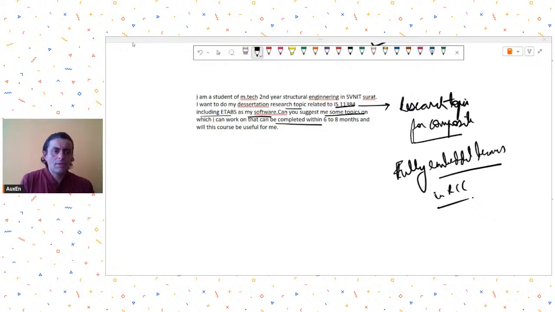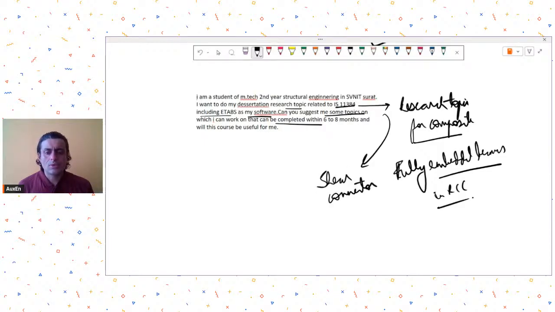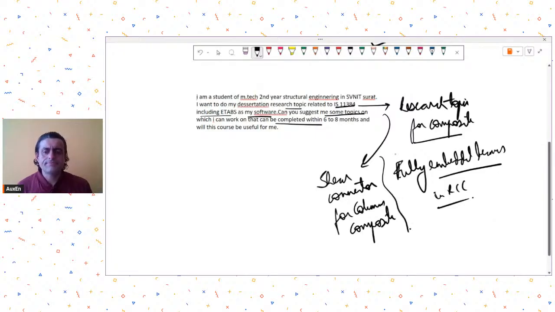Or you can work on shear connectors for columns, because our Indian standards don't clarify that in great detail. Shear connectors for composite columns, that is.